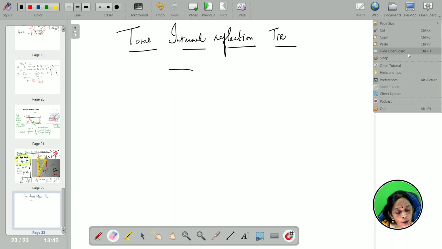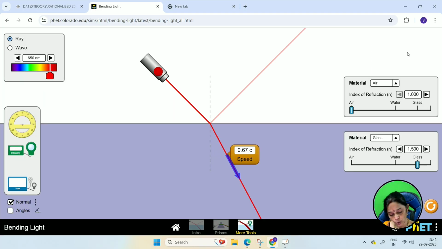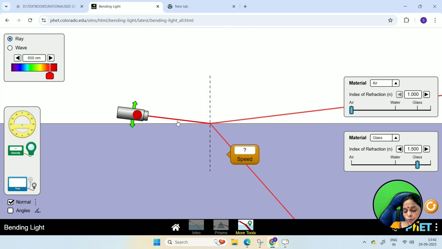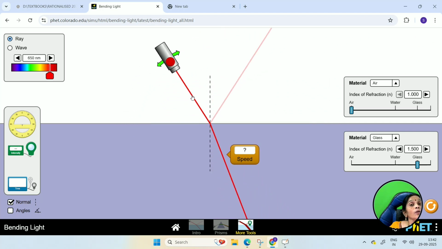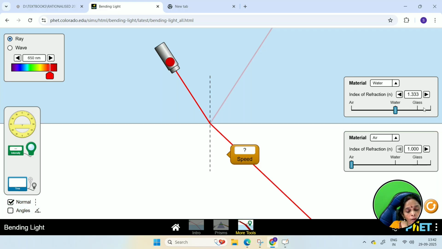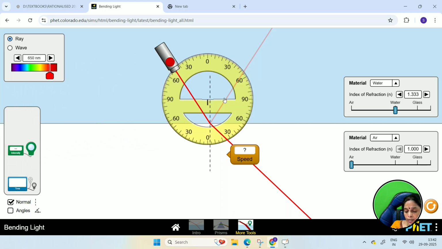Before that, I wanted to show you this. You must have noticed that when a ray of light goes from rarer medium to denser medium, for all angles there is no possibility for the refracted ray to come back. But now I am going to take this medium as water and this as air. Now the ray of light is traveling from denser to rarer medium. Look at the angle of incidence.